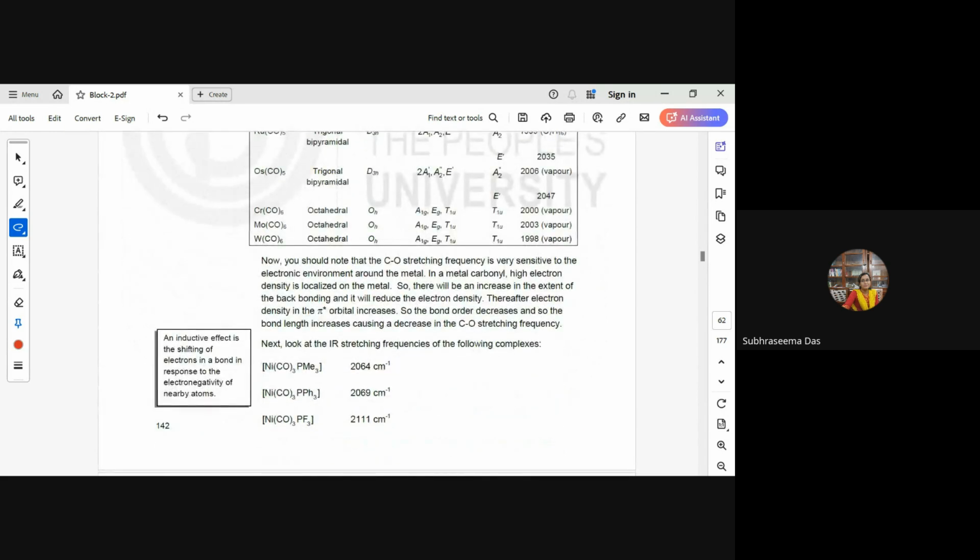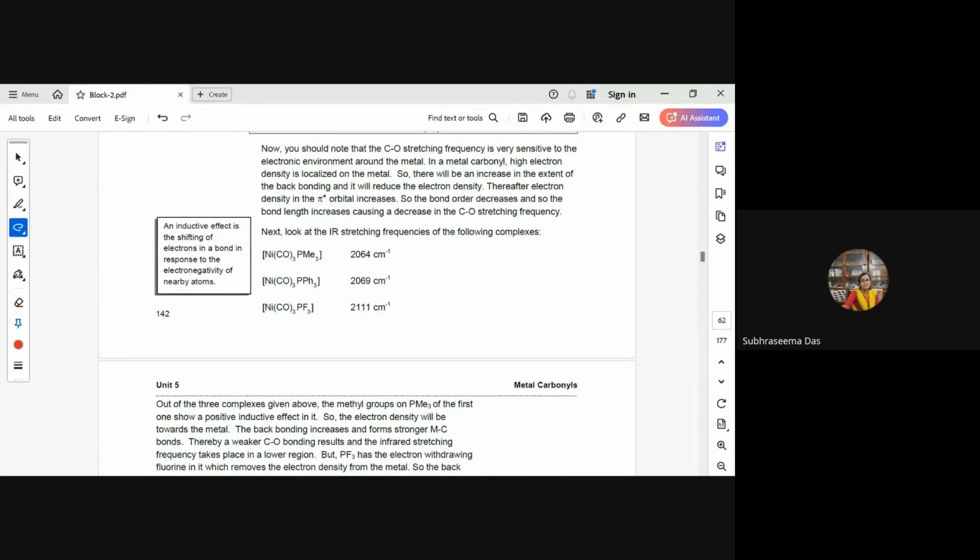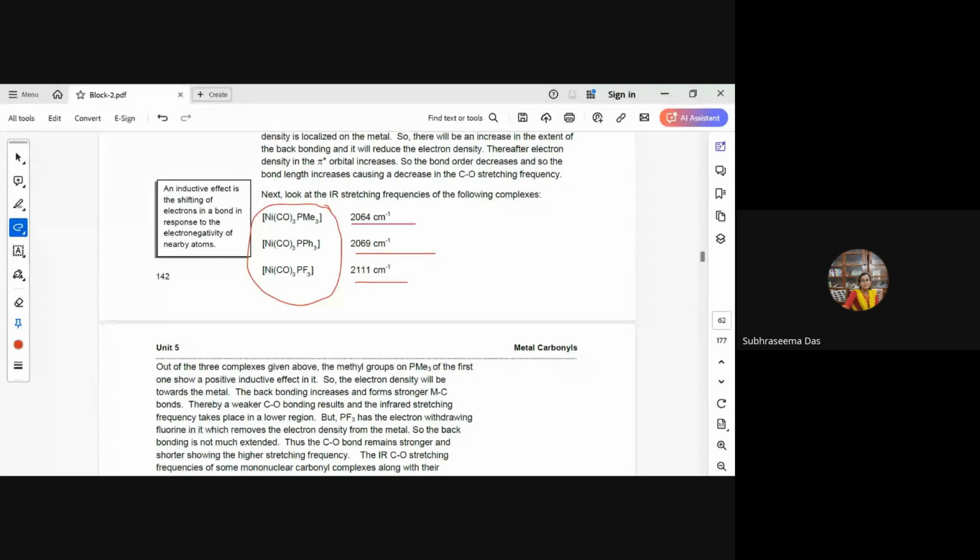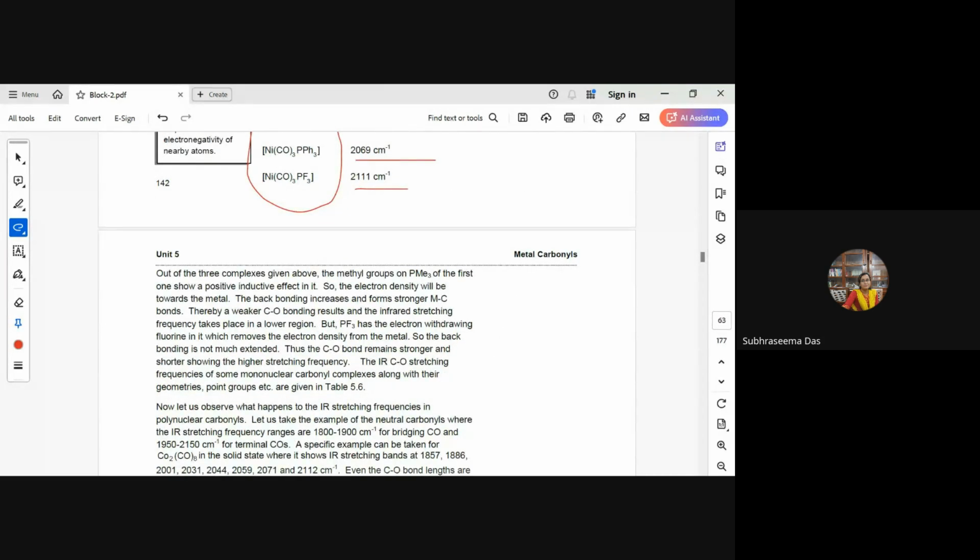Now if we look at the IR stretching frequencies of the following complexes, the only difference lies in their R group. For this complex, the CO stretching frequency is observed here, here and here. Of all these complexes, the methyl groups in PMe3 show a +I effect, but in PF3 there is the electron withdrawing fluorine group.